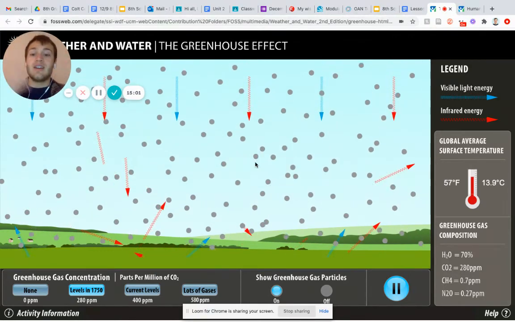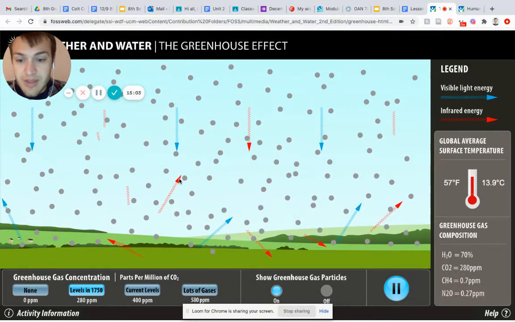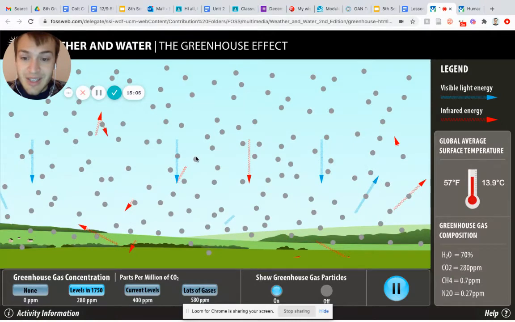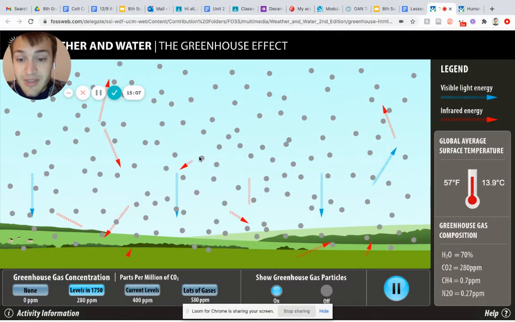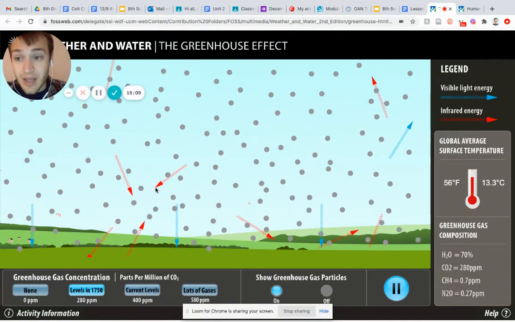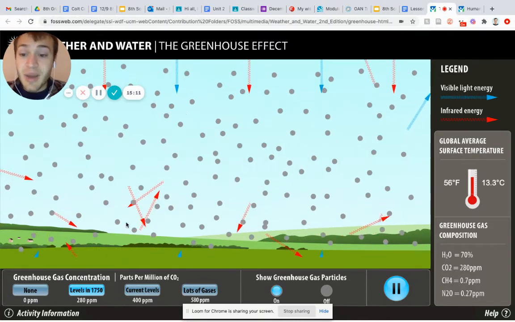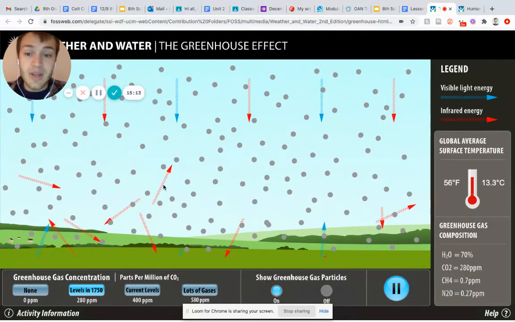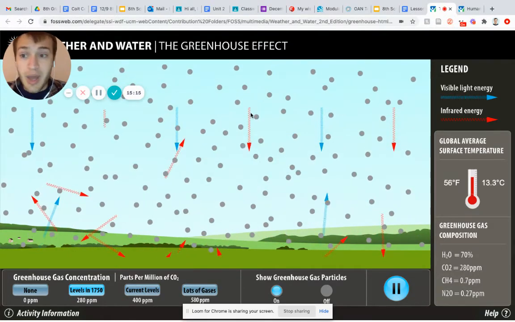So that means that this red arrow is going to get hit. Okay, so it hit this carbon dioxide molecule. Then this carbon dioxide molecule actually sends it out again. Like I said, it could send it back to Earth, it could send it kind of sideways, or it could go back out of the atmosphere.